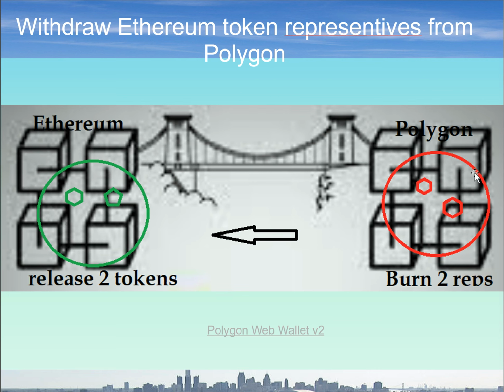If some people lost the wallet address, then that's not an issue. Then those representatives become like dead. You can never withdraw back to Ethereum anymore. And then the corresponding token will be locked here forever as well, because there's no live representative to be able to withdraw back to the Ethereum blockchain.